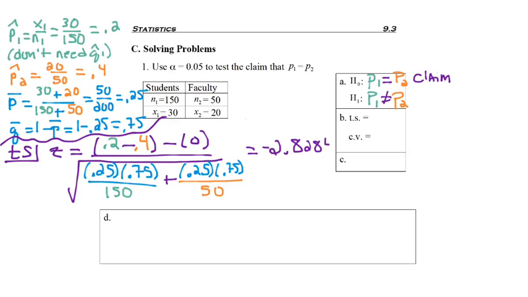Working this out on the calculator, negative 2.82842, rounding to 2 places after the decimal gives me negative 2.83.